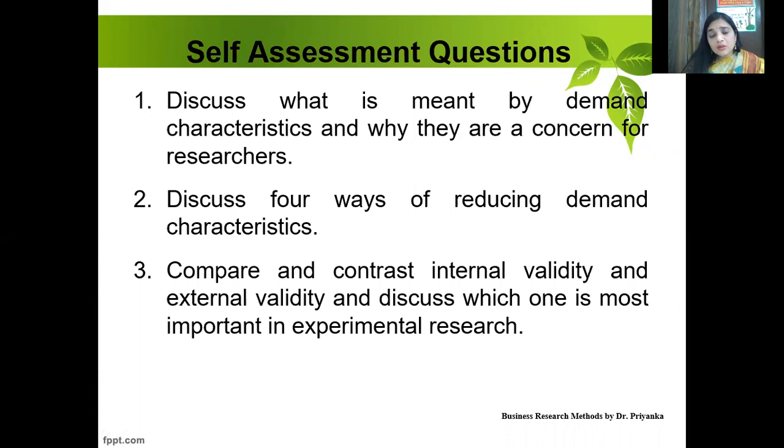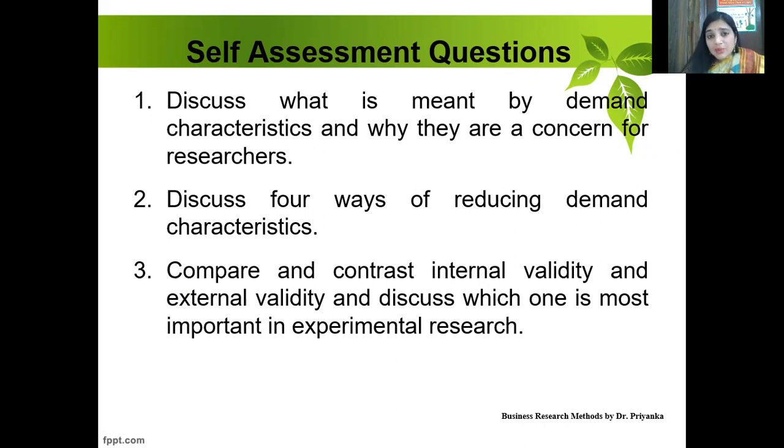Then next is compare and contrast internal validity and external validity, and discuss which one is most important in experimental research. You have to define internal validity and external validity and why these are important. Researchers often trade off between internal and external validity, but both of them are important.